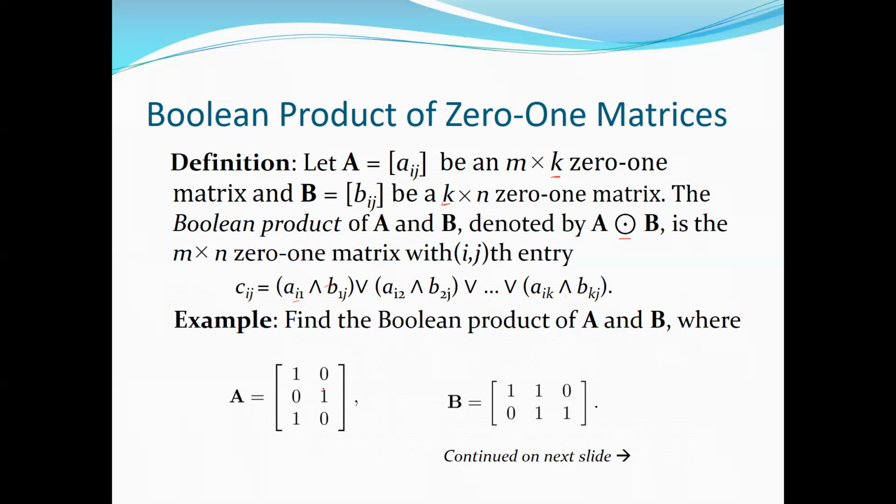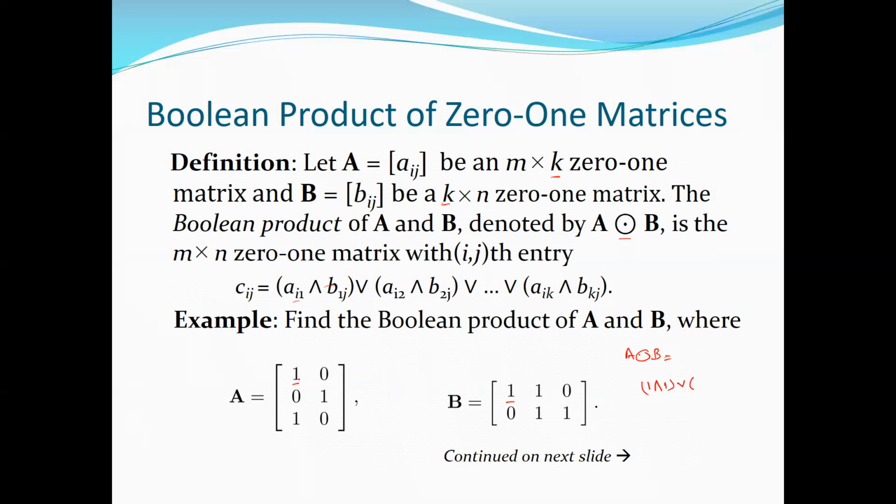So let's see the example here, then we will understand it better. If we want to take the Boolean product, for example A B, what is that? What I said is, this element 1 will be ANDed with this value 1, then we will take an OR with the next one.